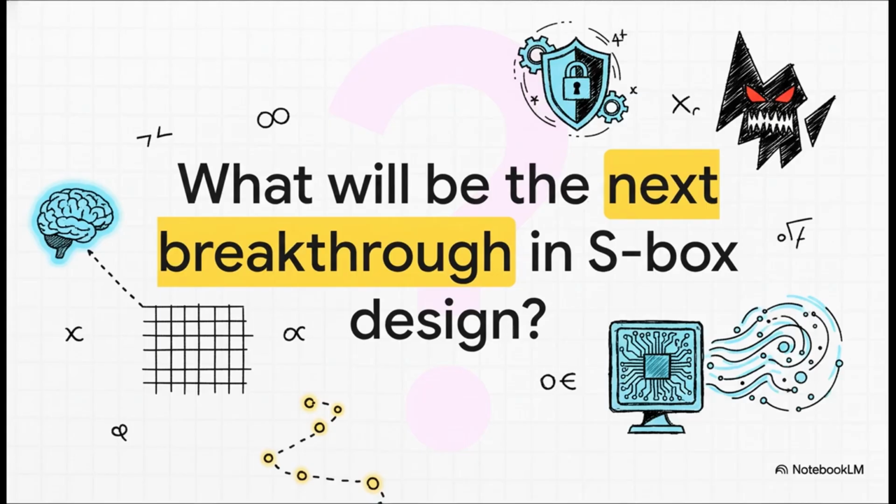And this search is far from over. I mean, it's actually speeding up. With new threats looming on the horizon, I'm talking quantum computers, AI-powered attacks, the need for even more resilient S-boxes is more urgent than ever. The quest for this kind of mathematical perfection is ongoing, which leaves us with one final thought. What's going to be the next breakthrough in this hidden but absolutely essential world of cryptographic design?